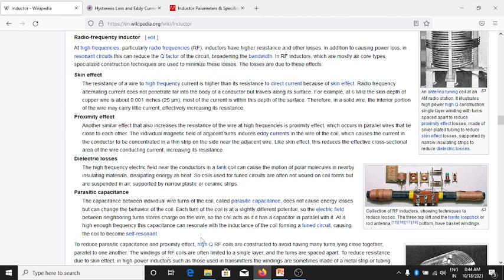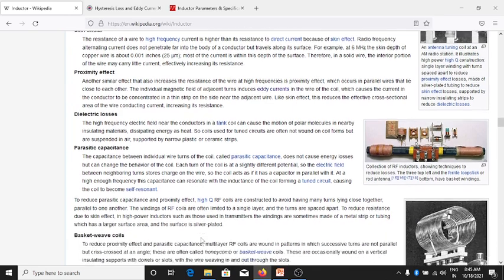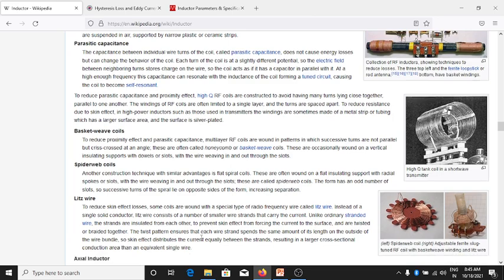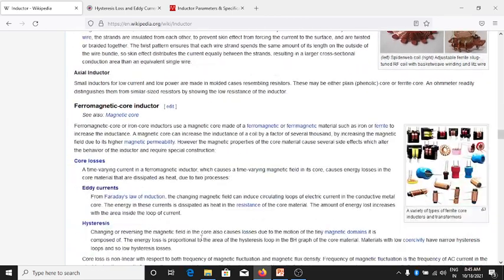At a high enough frequency, this capacitance can resonate with the inductance, so the coil forms a tuned circuit, causing the coil to become self-resonant. To reduce parasitic capacitance and proximity effect, high Q RF coils are constructed to avoid having many turns lying close together, parallel to one another. Clear.